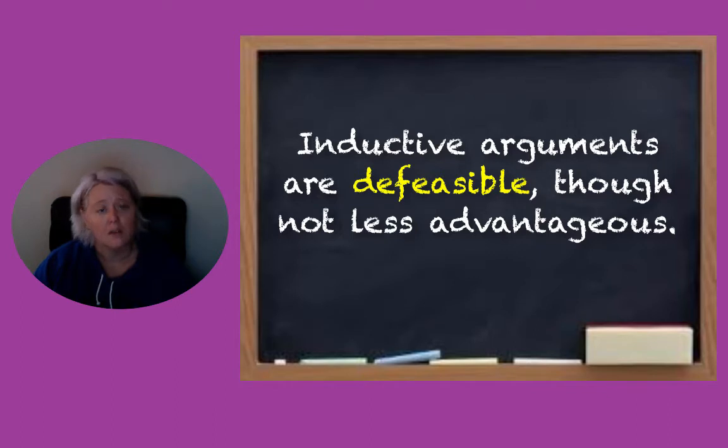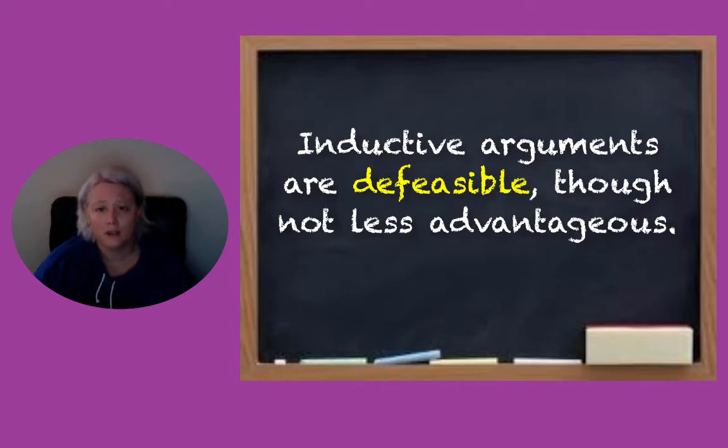An inductive argument, on the other hand, since it's only showing that there is more or less strong reason to believe the conclusion, can be defeated when new information or new reasons come to light. It can make it more or less strong than it currently is.